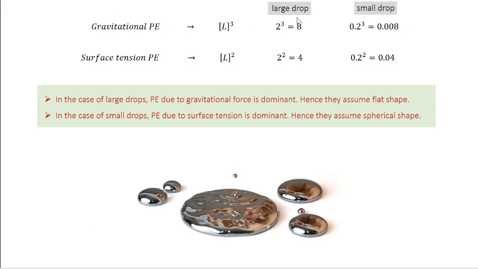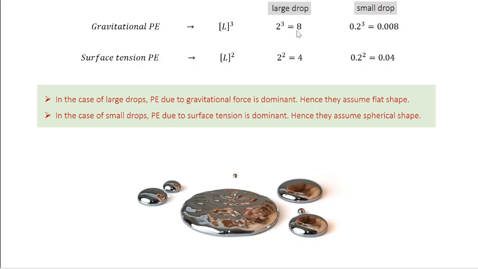Now, if you take two drops, a large drop and a small drop, let's compare these two potential energies. Imagine that you have a large drop of radius 2 centimeter. The gravitational potential energy is going to be 2 cube, which is 8, and the surface tension potential energy is 2 square, which is 4.